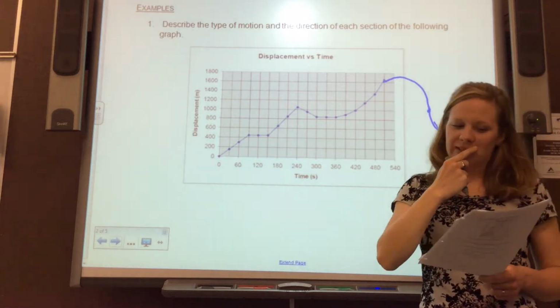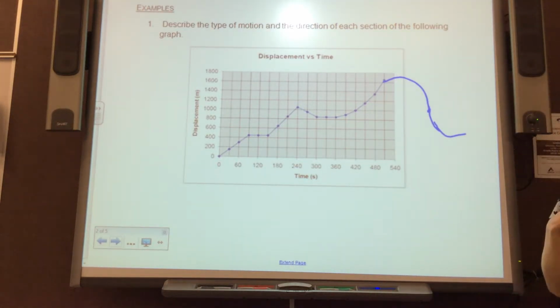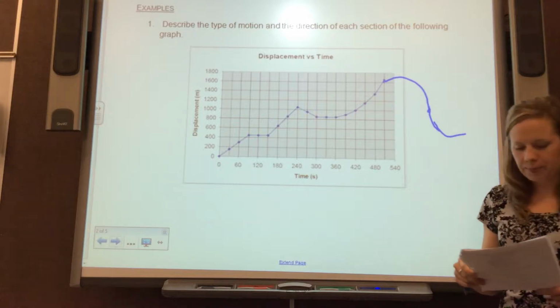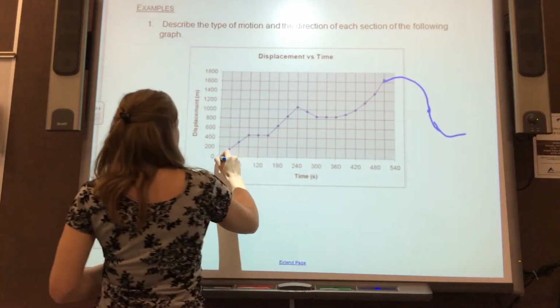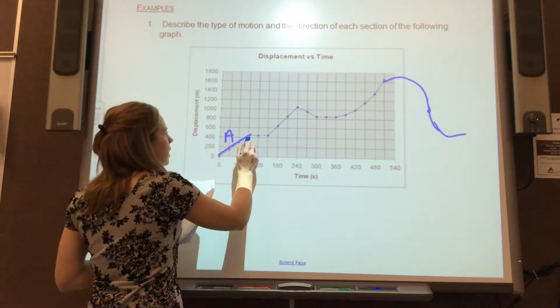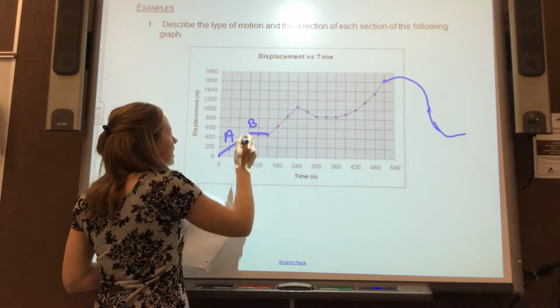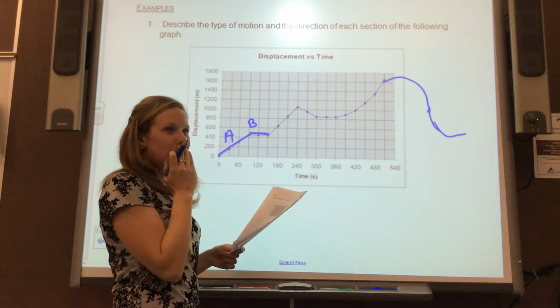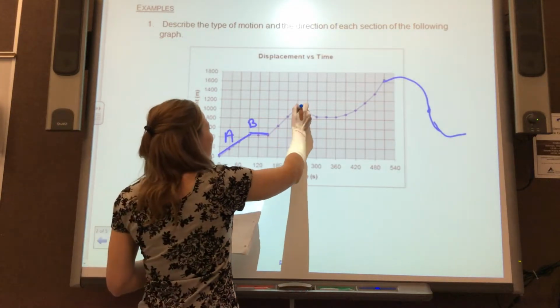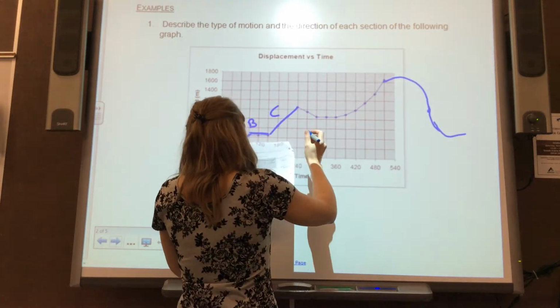Okay, let's label each of these parts of the graph so that we can discuss them more easily. So this slant coming up, let's call that A. What do you think we should call the horizontal line beside it? Lisa thinks we should call it C, but I say B. She's teasing me.